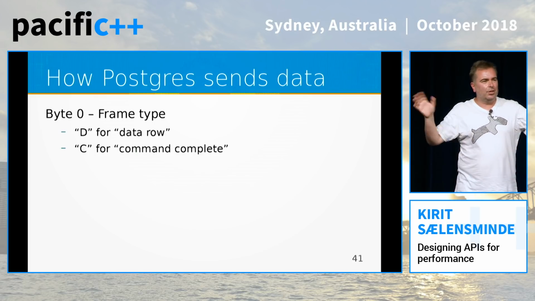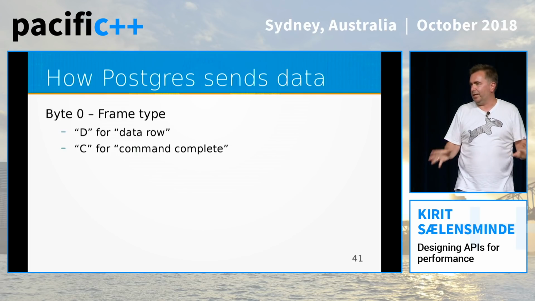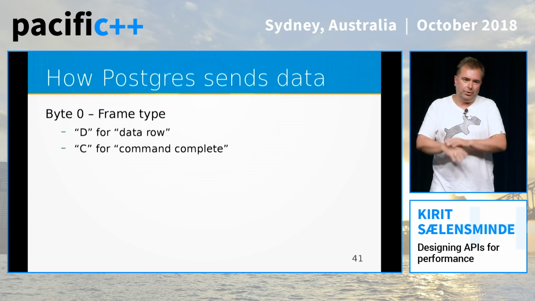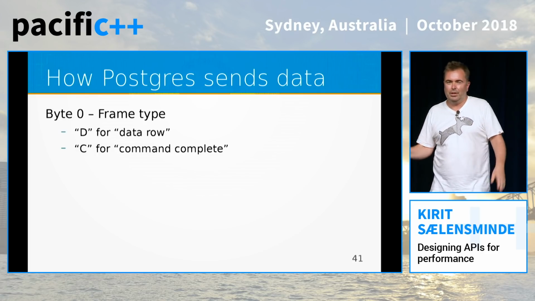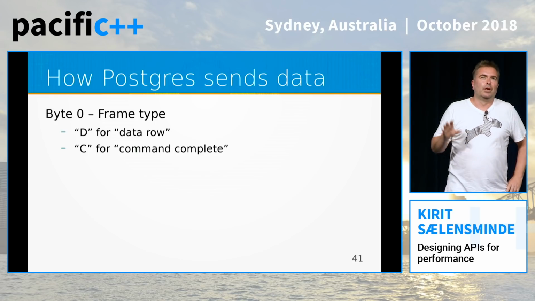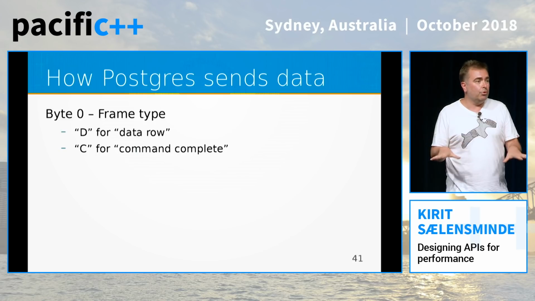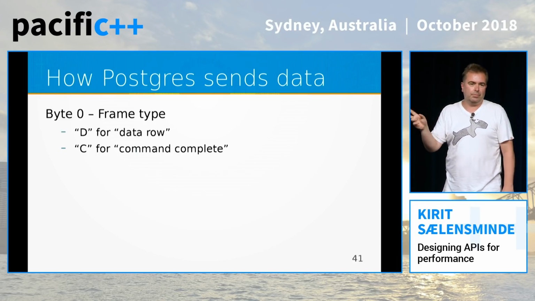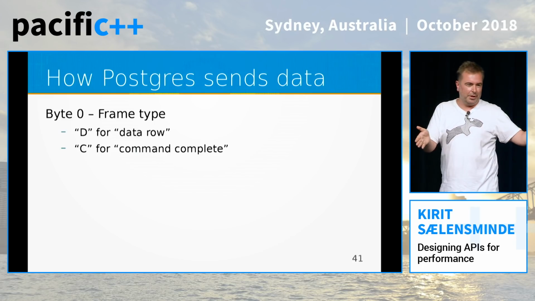There's a lot of stuff that goes on with establishing a connection and agreeing on character sets, time zone information, all this sort of stuff, and logging it. I'm going to ignore all of that. We're just going to focus on the communication that carries the actual raw data to the application. Postgres splits all the communication up into frames.